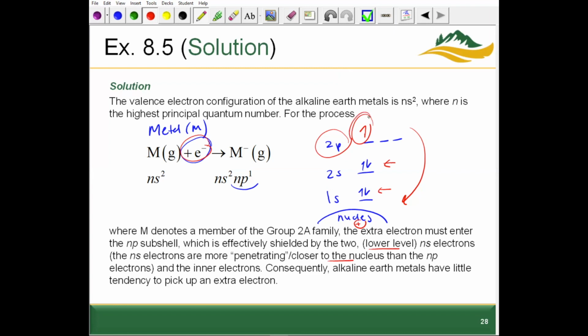That means that this electron has little tendency to be added to an atom like this. If it's added, it's still fairly far away from the nucleus and it's blocked by these two layers. This is why these alkaline earth metals have very little tendency to actually pick up an extra electron. This one is filled and this one is filled. That extra electron would have to go up into the next subshell where it's really not that stabilized by the nucleus.